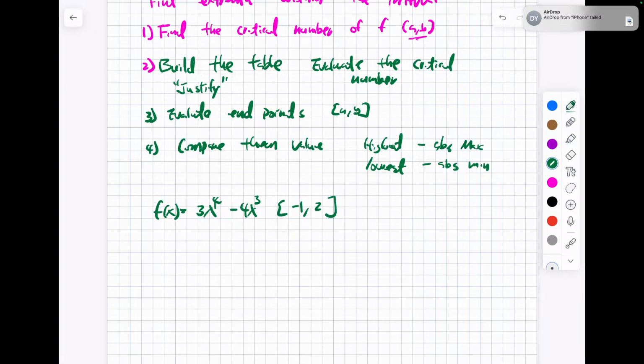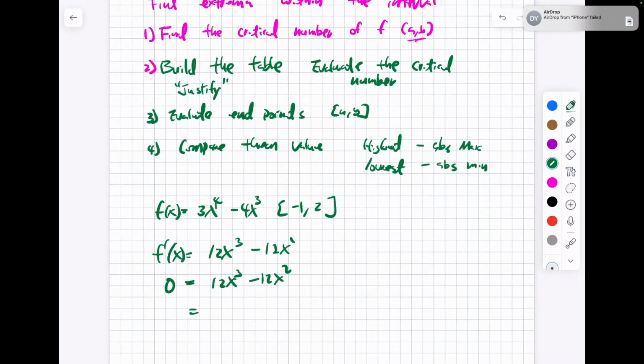Take a derivative. Good. So that's 12x^3 minus 12x^2, and you have to set it equal to 0. What do I do next? Factor. GCF? 12x squared. Remember how you find when the ball hits the ground? You had to factor out the GCF.